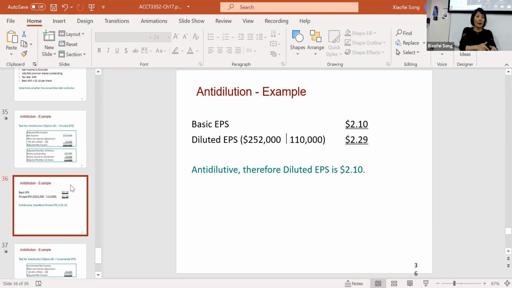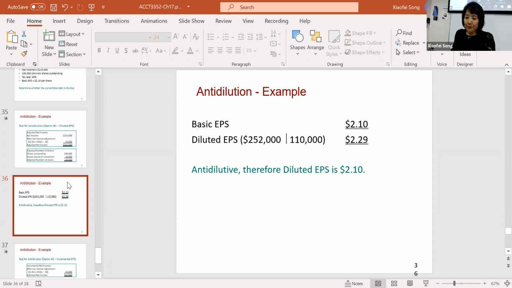There is another way to test it, and this is very important because when you have multiple potentially dilutive securities, some may be dilutive, some may not be. It would be good to have a systematic way to test them.